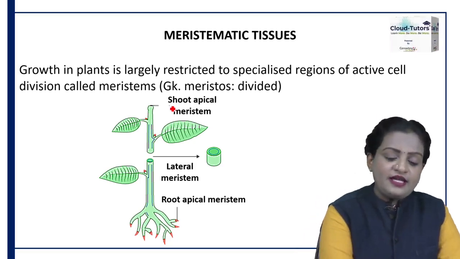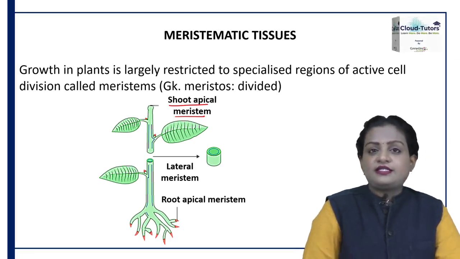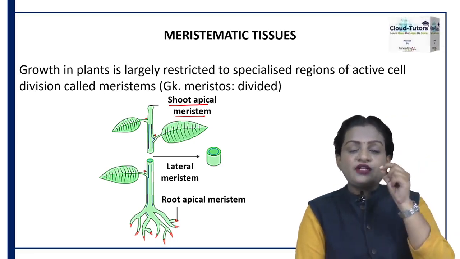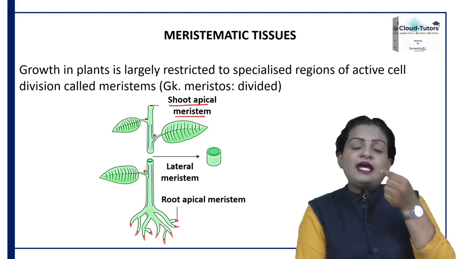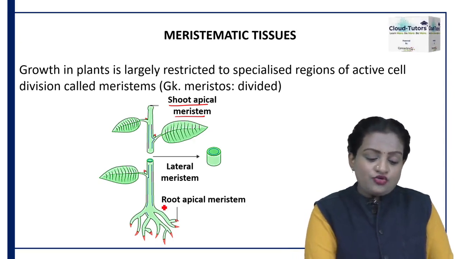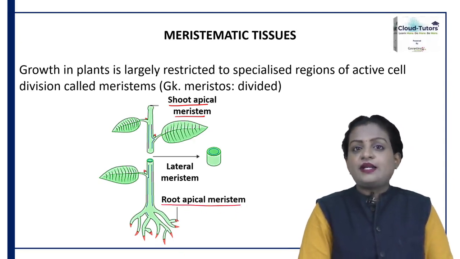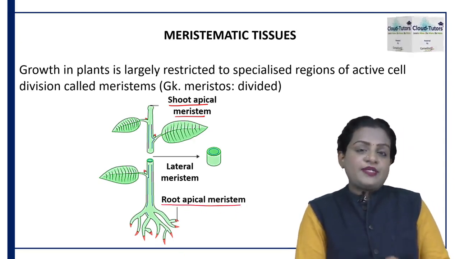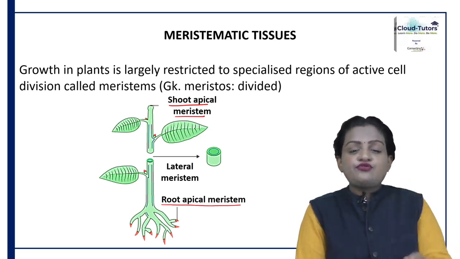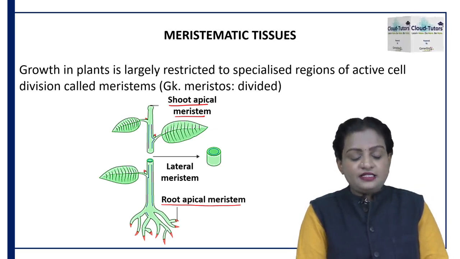For example, we have the shoot apical meristem, that is the tip of the shoot, where the cells are dividing actively and adding cells below it. Similarly, the root also has a meristematic region called the root apical meristem, because the root is also growing, and the tip of the root has dividing cells in it.